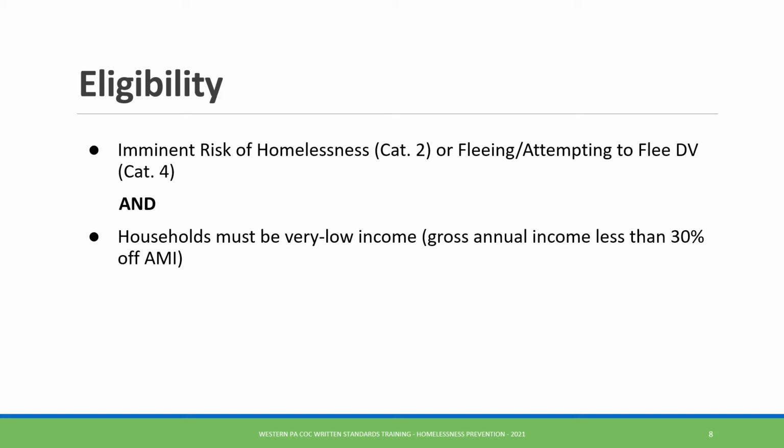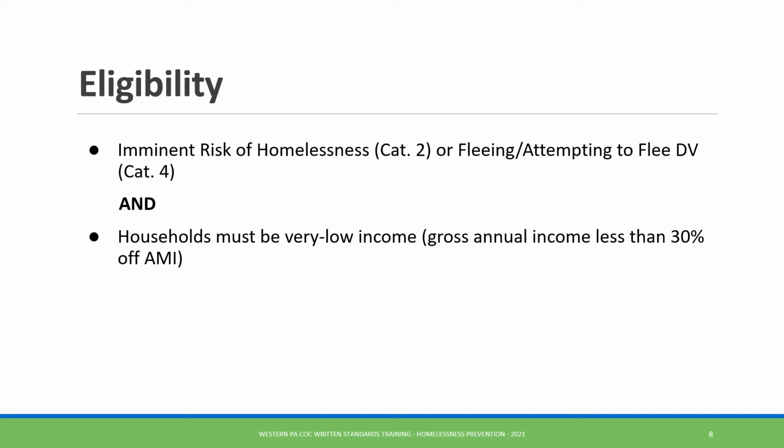Something else to take note of, not all HP households will remain in the same unit. In instances where an eviction could not be stopped, for example, some people may require relocation services. In those cases, no arrearages should be paid and the household should be rehoused within the HP project.